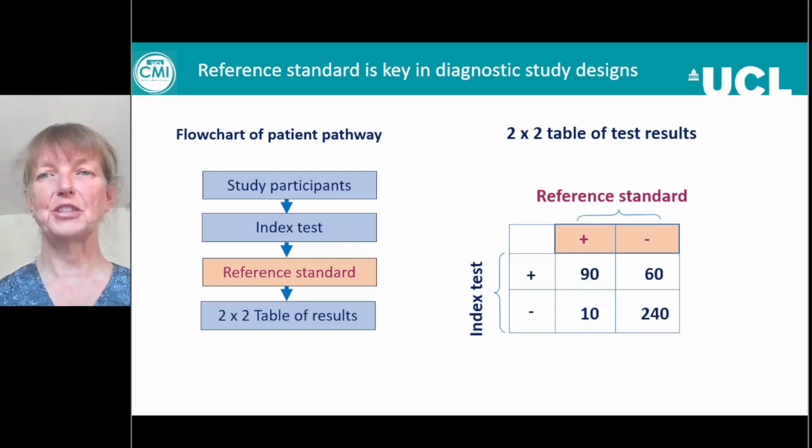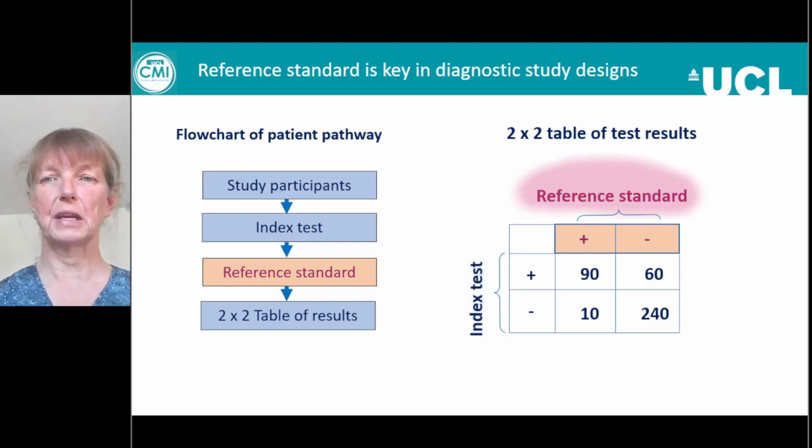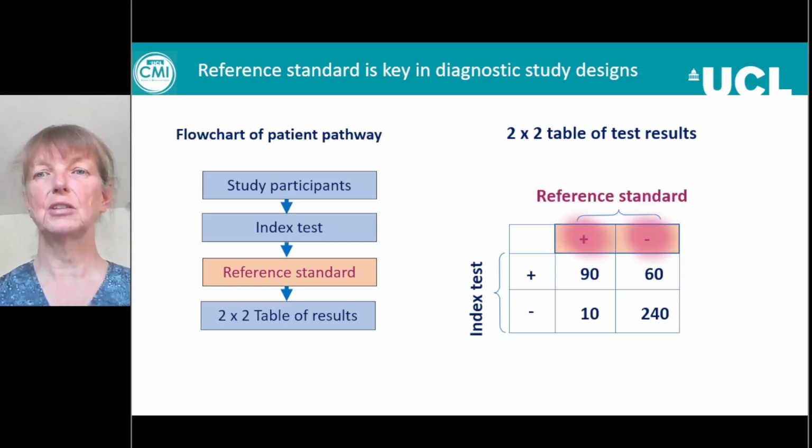And this is what that 2x2 table of results looks like. So here you have the index test and whether someone was positive or negative with the index test, and you have the reference standard, which is how you're defining the target condition, and people are either positive with the target condition or they're negative with the target condition.